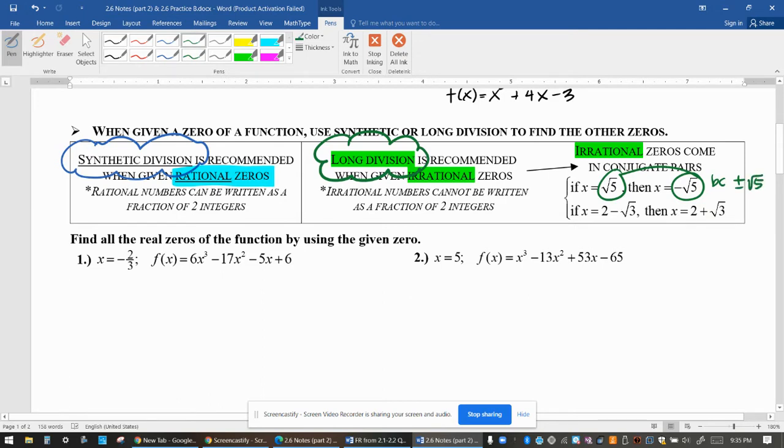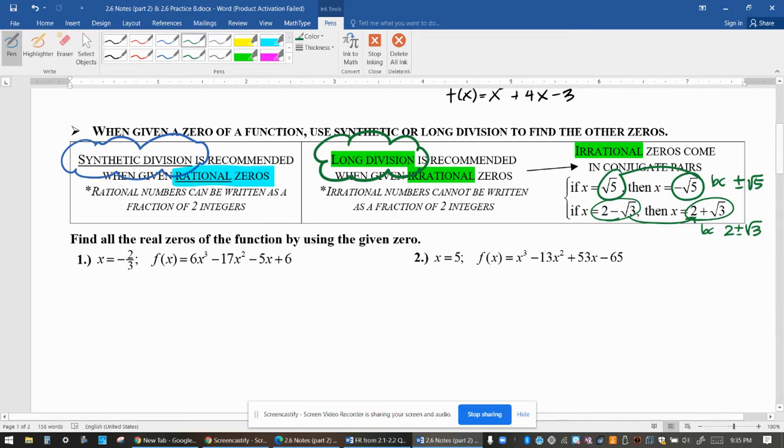Same with 2 minus √3. 2 minus √3 is always going to be partnered up with 2 plus √3, because the zeros were 2 plus or minus √3. All right, you'll see in a little bit why that's important. Why do we need to know that irrational zeros come in conjugate pairs? Conjugate pairs means they have the same terms except the middle sign is different. So 2 minus √3 and then 2 plus √3. Okay.